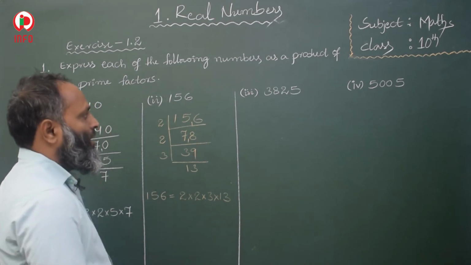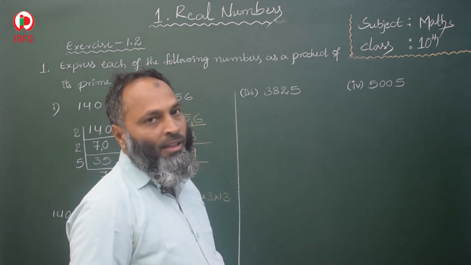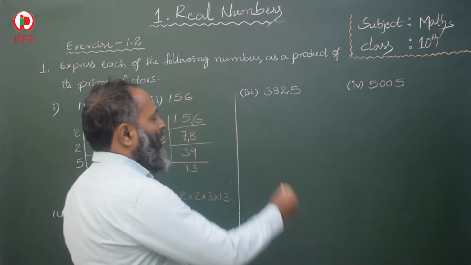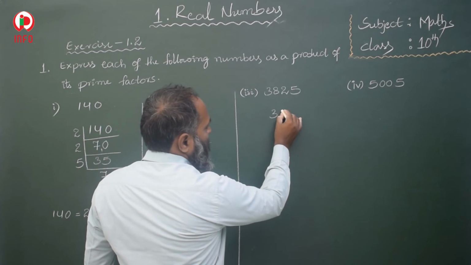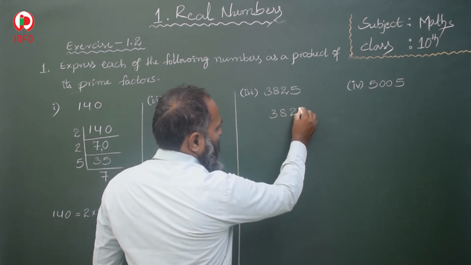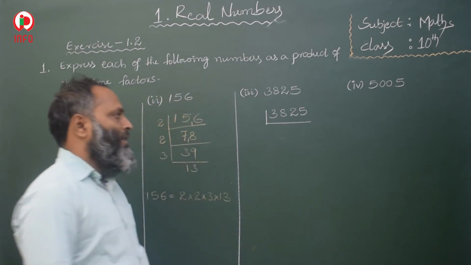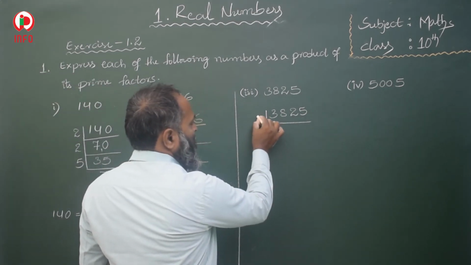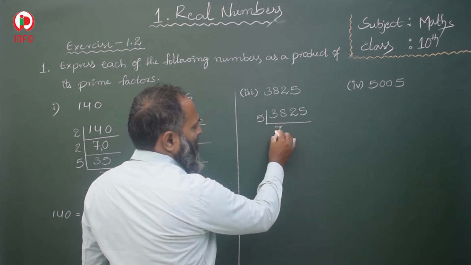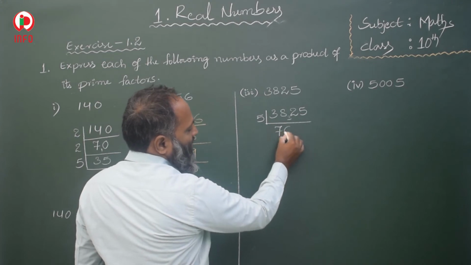So then after that, 3825. Then how to write as a product of prime numbers? 3825. So the last one's place is a 5. So it is divided by 5. 5 7s are 35. 3 left, 32. 5 6s are 30.